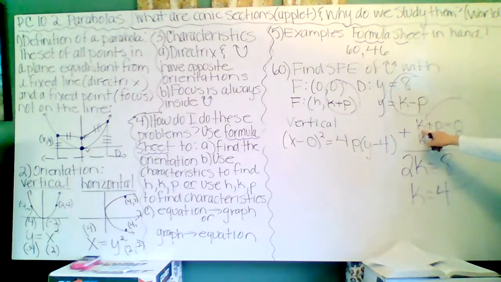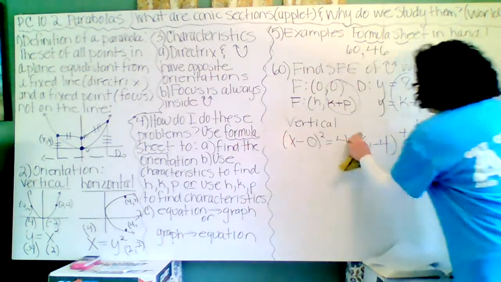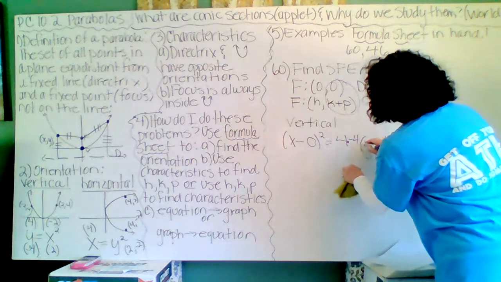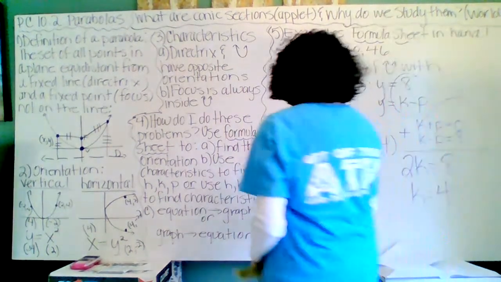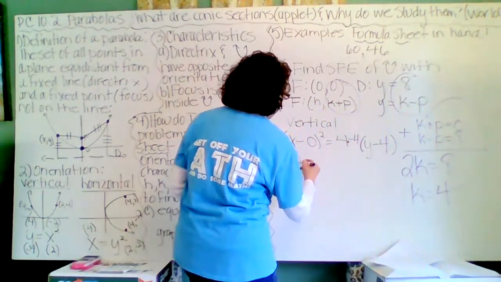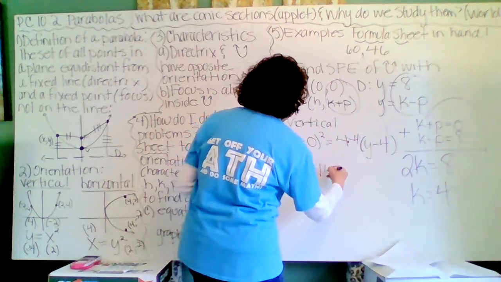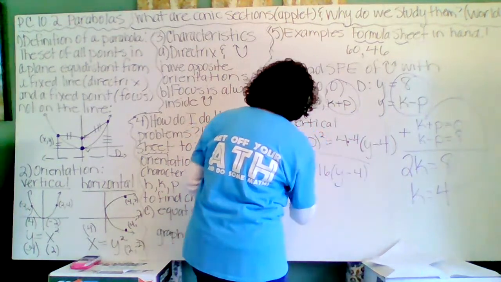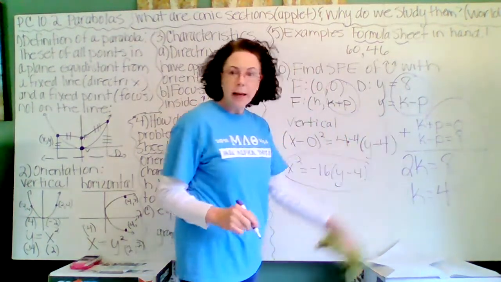When I put a 4 in, then 4 plus a negative 4 is 0, so p must be negative 4. And I have x squared equals negative 16 times y minus 4. Not too bad, right?